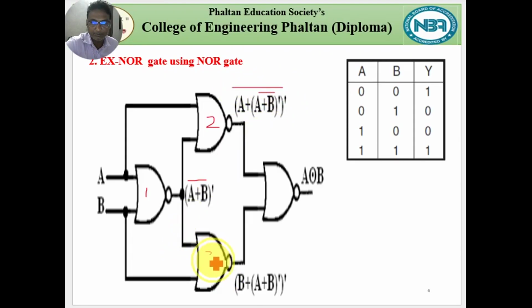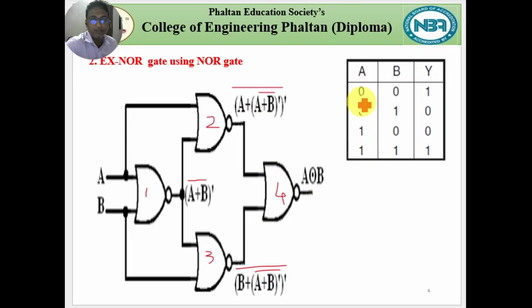Same for the third NOR gate, input is B, second input is (A plus B) bar, we get (B plus (A plus B) bar) totally bar. Now the second and third NOR gate outputs we give to the input of the fourth NOR gate. Now we get output Y, A XNOR B. If we solve this using De Morgan's theorem, we get the A XNOR B gate.